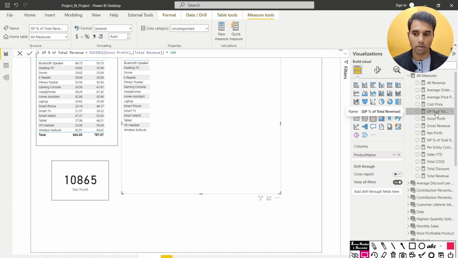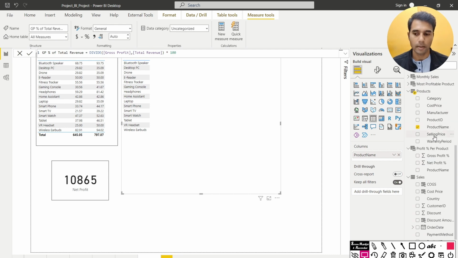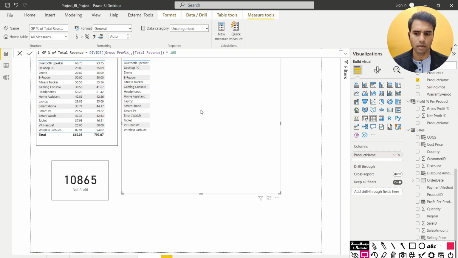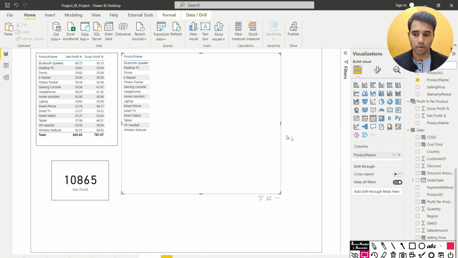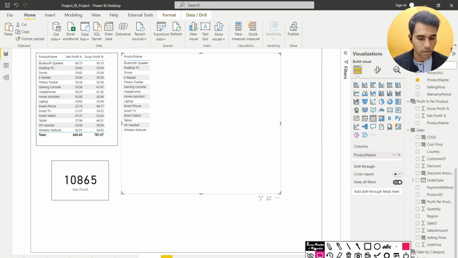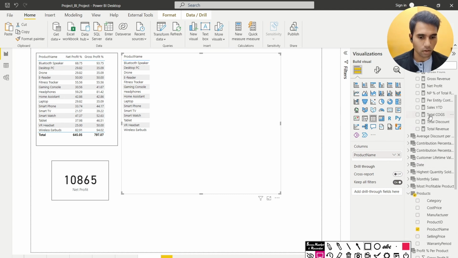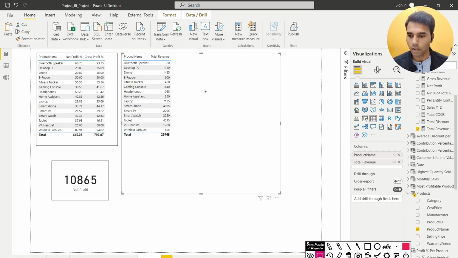And gross profit is also being considered as a percentage of total revenue, which means I'm going to need the total revenue. Okay, I'm going to need the total revenue. So let's pull the total revenue, which is nothing but the sales amount, or yeah, total revenue. Let me pull it here. So the total revenue of Bluetooth speaker was 320. Now I will need net profit.